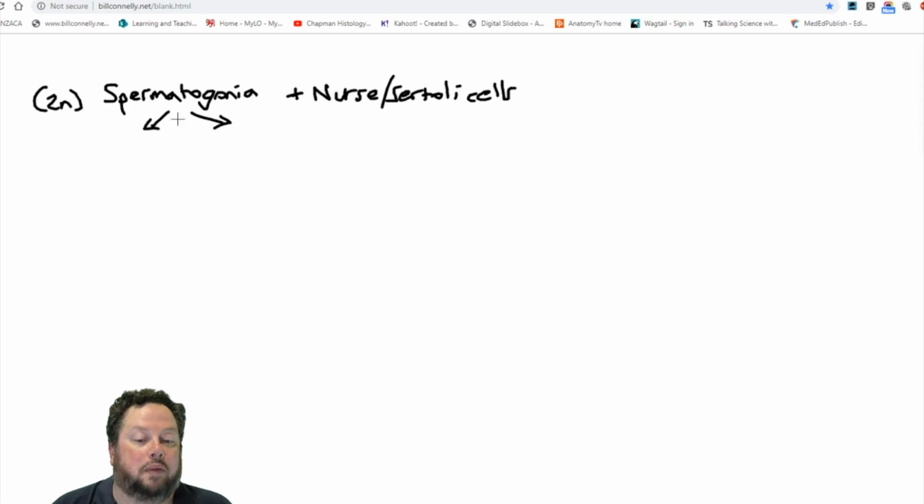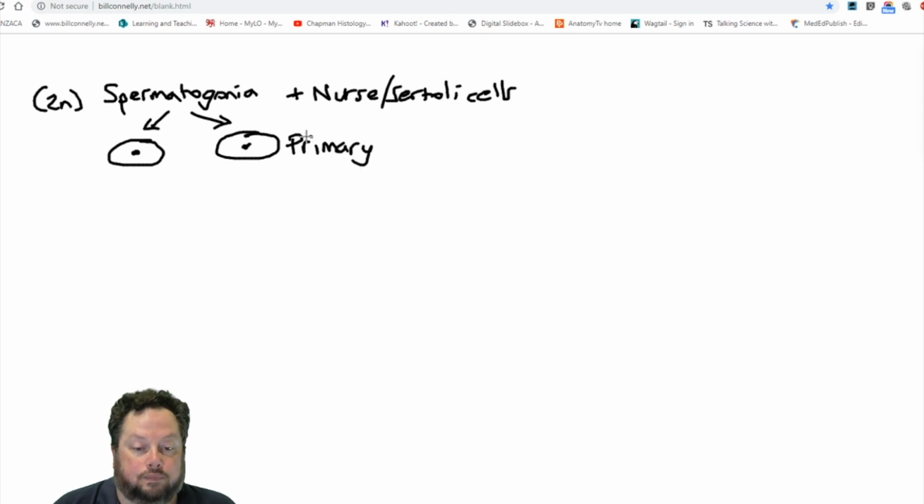So our stem cells are our spermatogonia. Eventually, one of these will differentiate. We get mitosis. One of these will stay behind as our stem cell, and one of these will move on to differentiate and eventually become our primary spermatocyte.